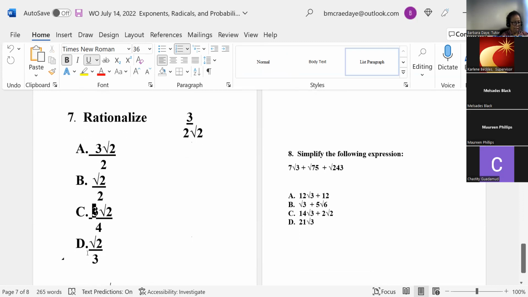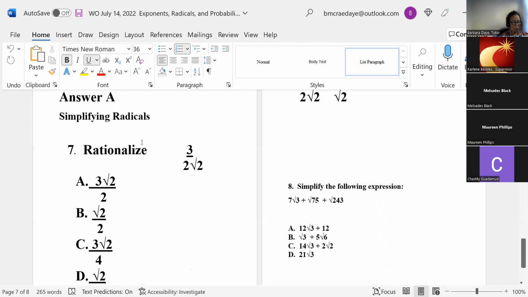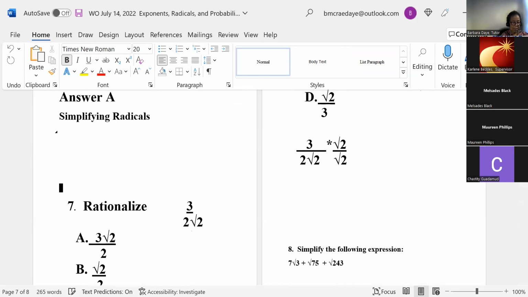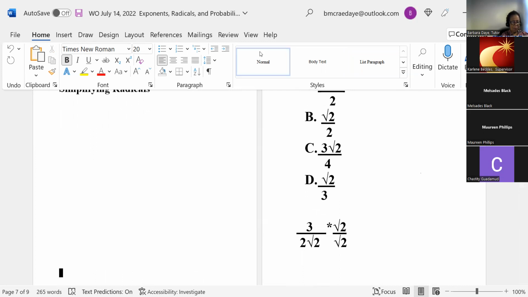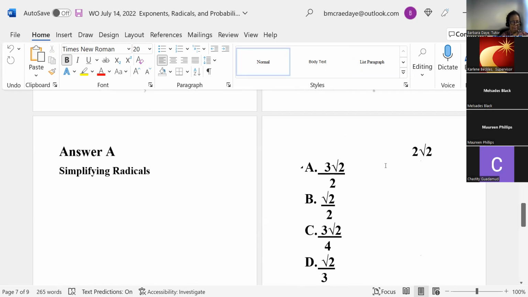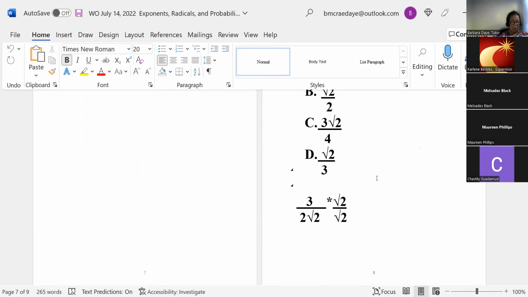Well, the rationalize, remember the first thing you do is multiply both numerator and denominator by the radical. So let me put this on the next screen. Okay, so there's your first step.